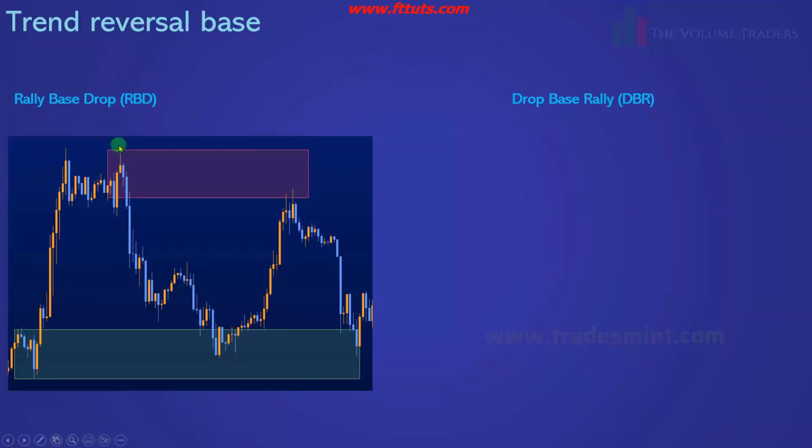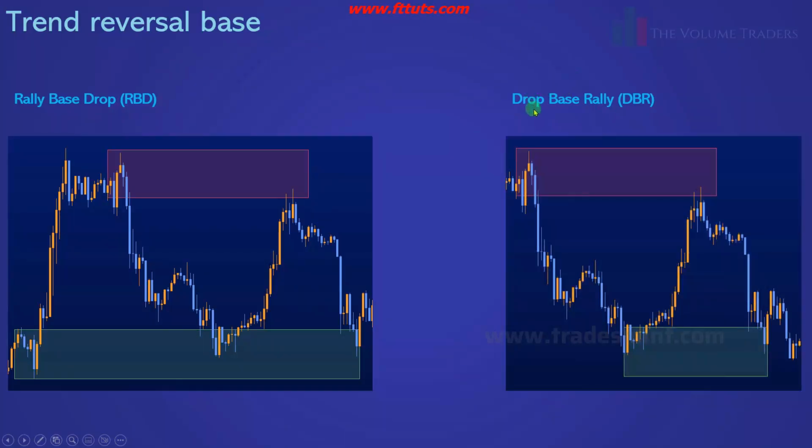The shortcut is RBD. We had the rally, price created the base, so the zone, and then there was a drop. And for short, drop base rally is DBR.